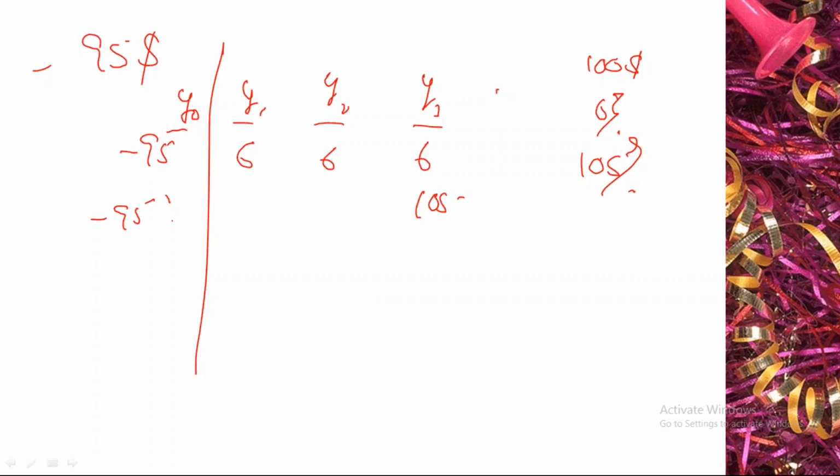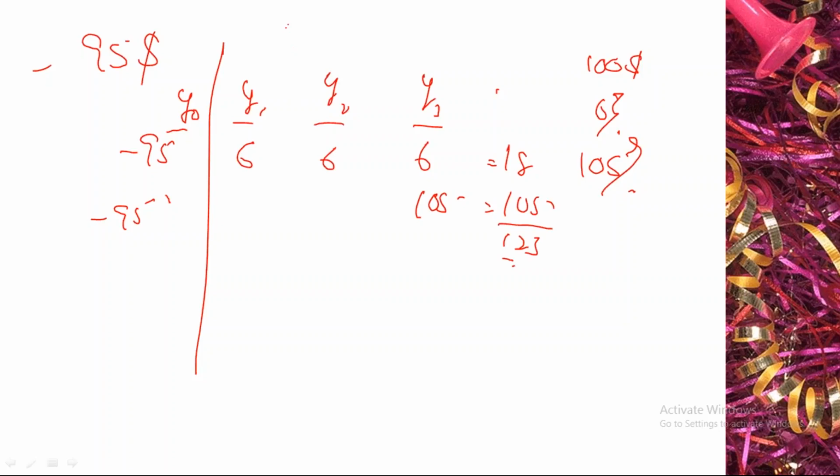Look at it without discounting, what is your total value? 123. Correct? When you discount it at 10% or 11% or 12%, will this 123 go up or come down? Come down. So let's assume that you discount it at 12%.